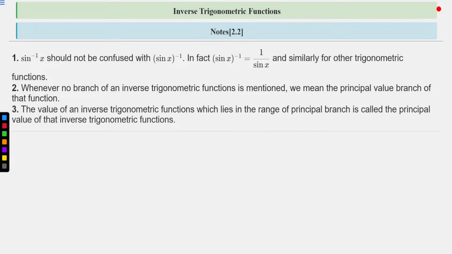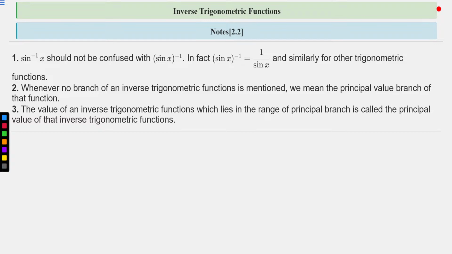Next one: the value of an inverse trigonometric function which lies in the range of the principal branch is called the principal value of that inverse trigonometric function, right?